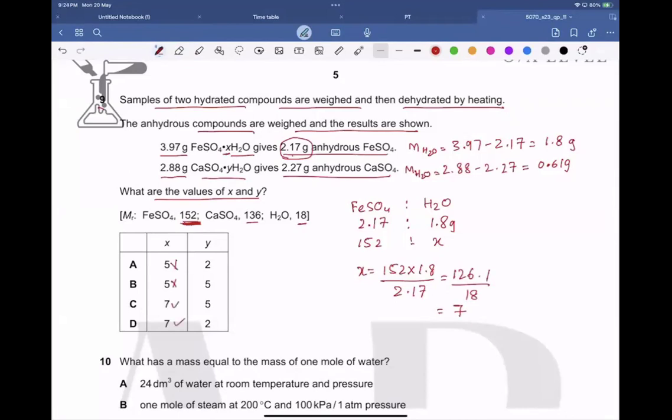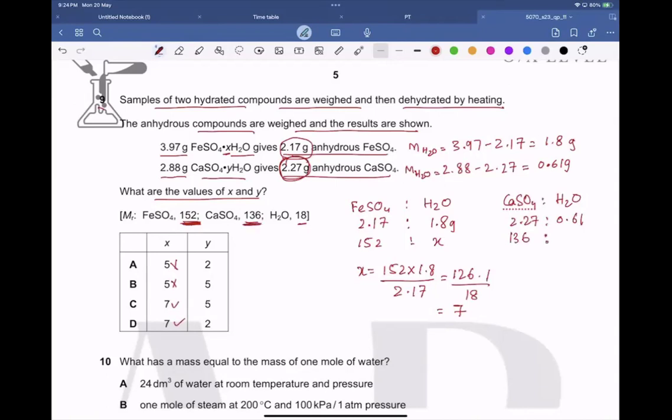Now we have to do the same for calcium sulfate. So see, calcium sulfate with water. So anhydrous calcium sulfate with no water has a mass of 2.27 and it has 0.61 gram of water in it, right? So the MR of calcium sulfate is 136, which is the mass of 1 mole.